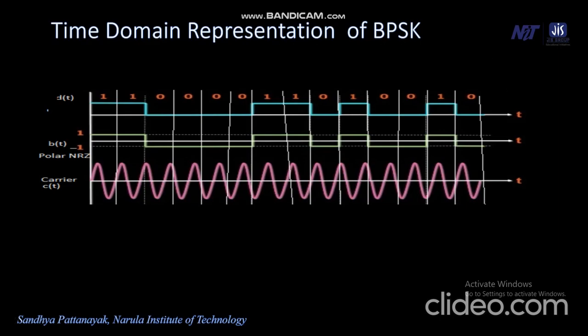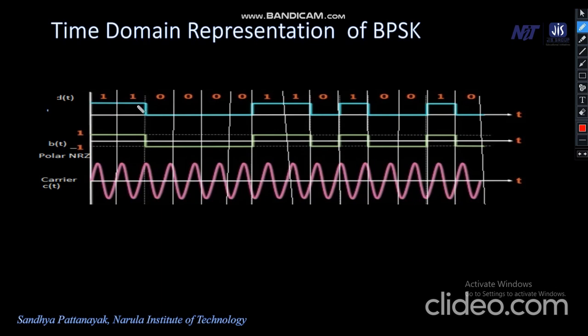Let me take one example now to show how a time domain representation of a BPSK signal looks. First, I take digital data given by 1, 1, 0, 0, 0, 0, 1, 1, 0, 1, 0, 0, 1, 0.